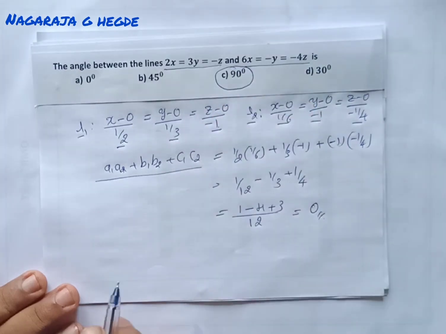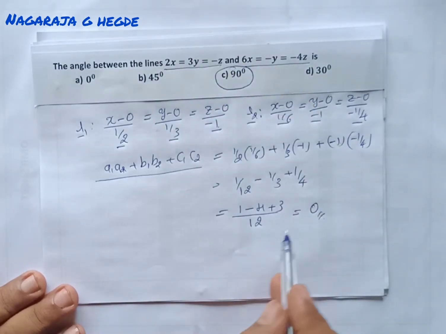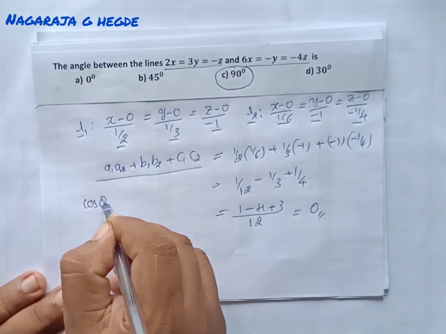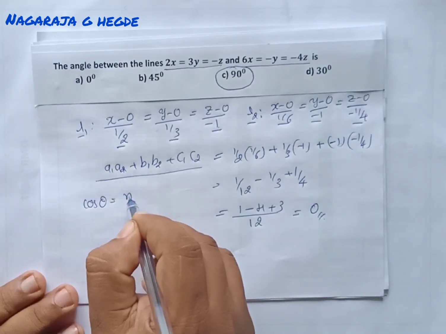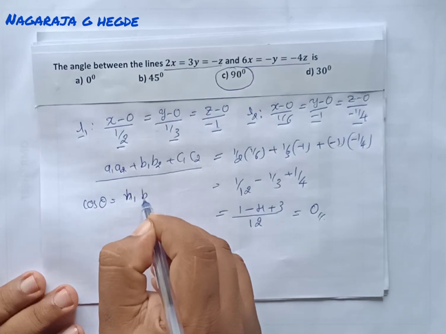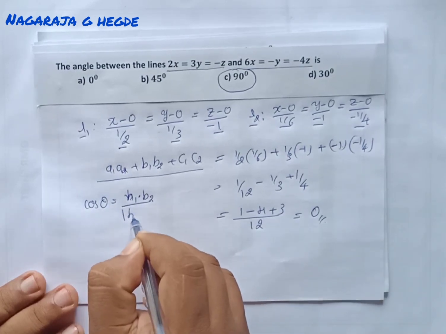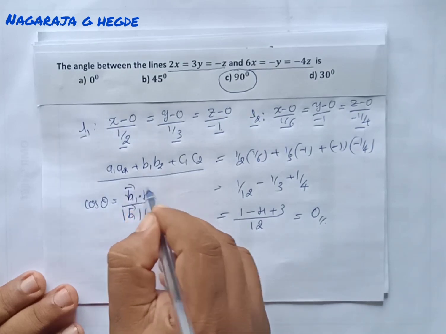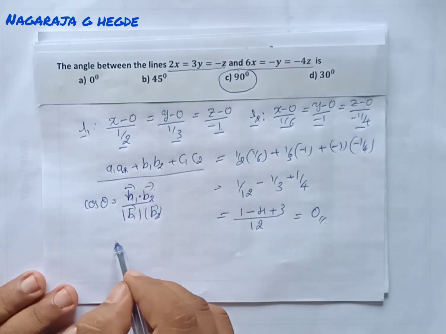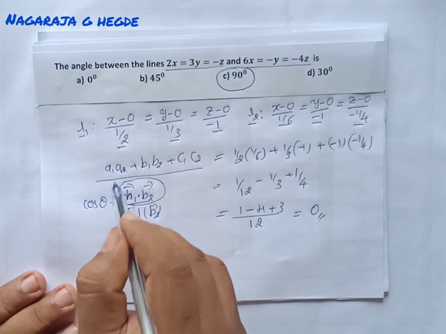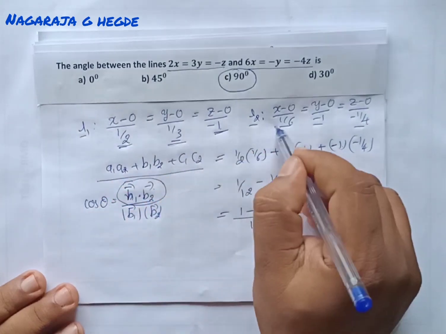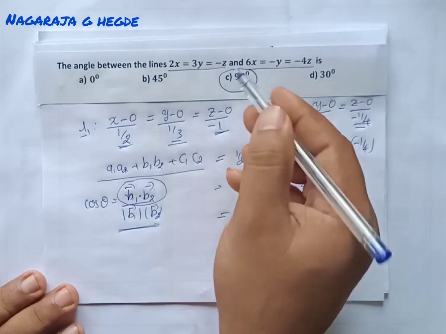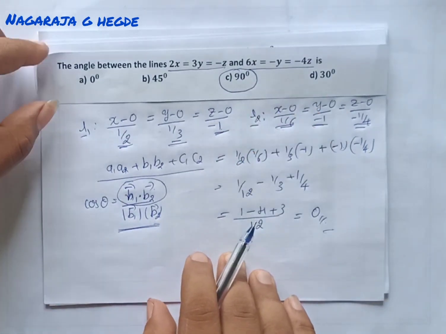If we are not getting this as 0, then we have to use the formula cos theta is equal to B1 dot B2 divided by magnitude of B1 into magnitude of B2. This we have to calculate. If B1 dot B2 is not 0, then go for this. Otherwise, directly we can say that the answer is 90 degrees.